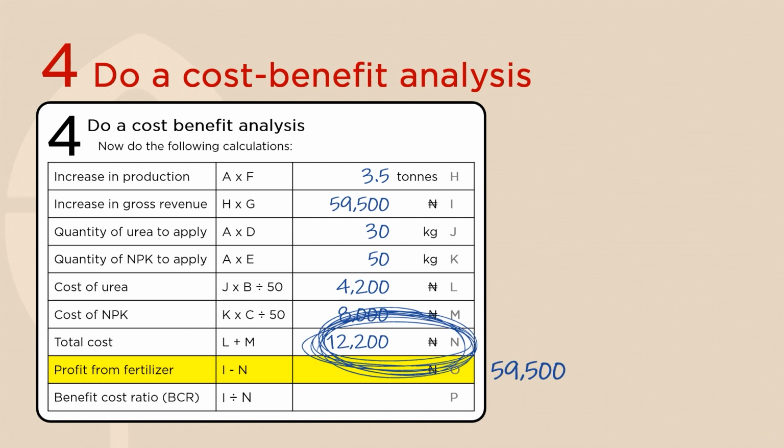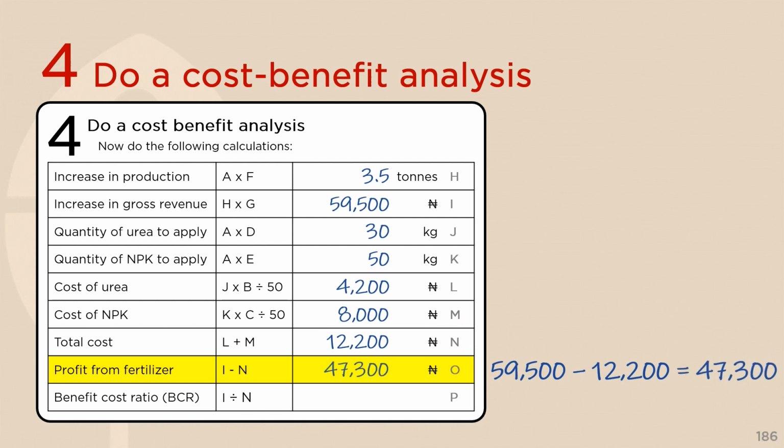Value N is the cost of fertilizer. This is 12,200 naira. 59,500 minus 12,200 equals 47,300. So the expected profit from fertilizer is 47,300 naira. This is the money we can expect to make from fertilizer.